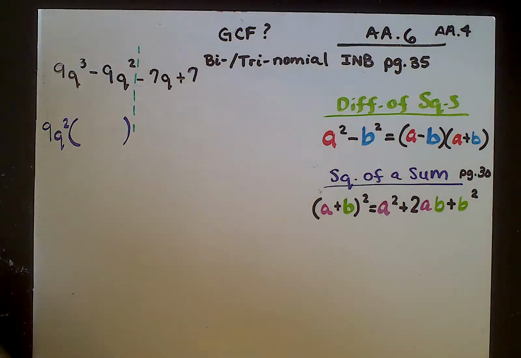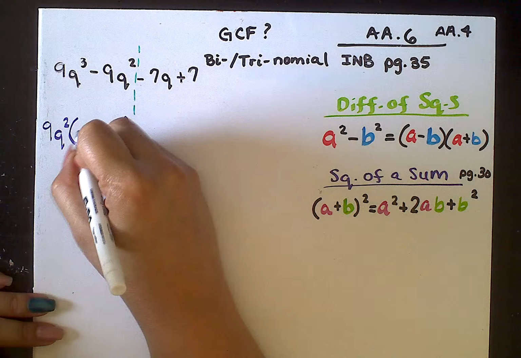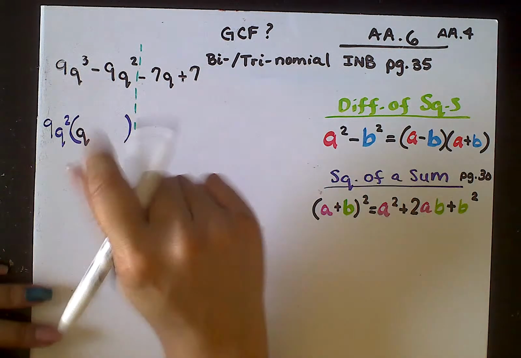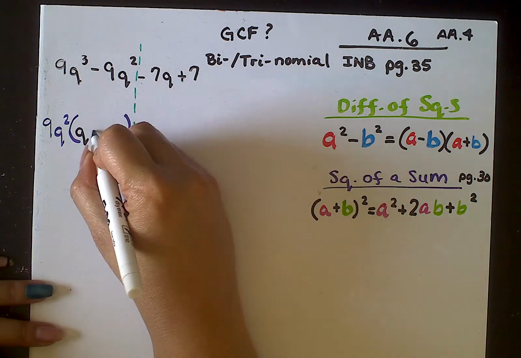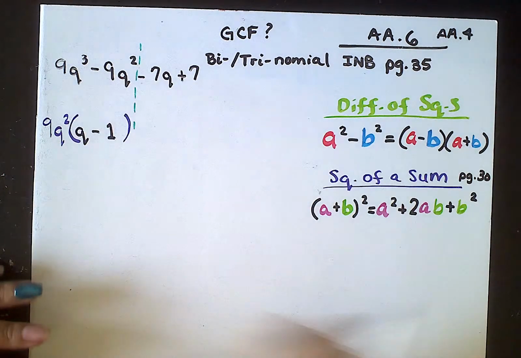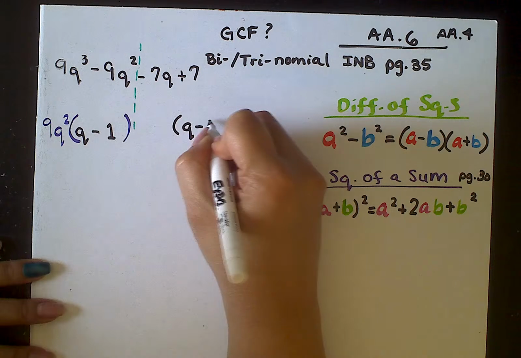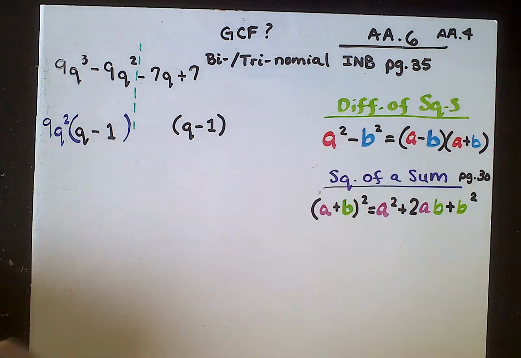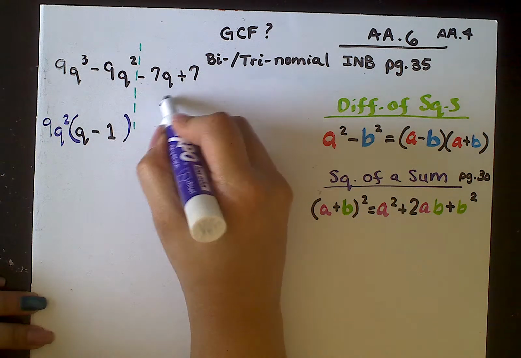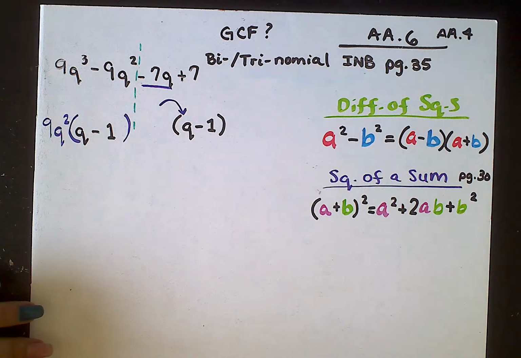So I have 9q squared times q gets me 9q cubed. 9q squared times its negative self gives me negative 9q squared. So in that case, I already know that I should have q minus 1 over here. And now, what times q will give me negative 7q?